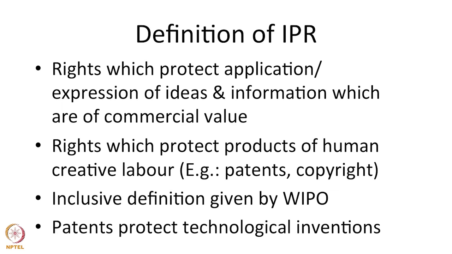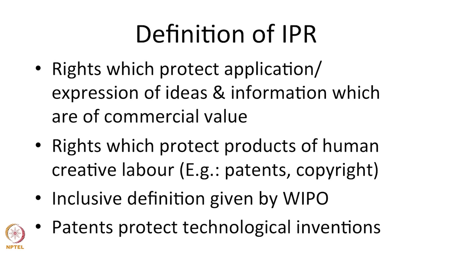The problem with the WIPO's definition is that it does not take care of new and emerging intellectual property rights. There are some intellectual property rights that are emerging as we speak. It does not take that into account. Secondly, there is no yardstick by which you can understand intellectual property rights. So we could come up with a definition of intellectual property right either as rights of a particular nature, which protect creative and intellectual products that come out of human labor, or you could have a list of things on which an intellectual property right may manifest.